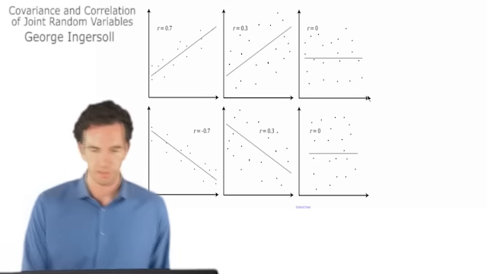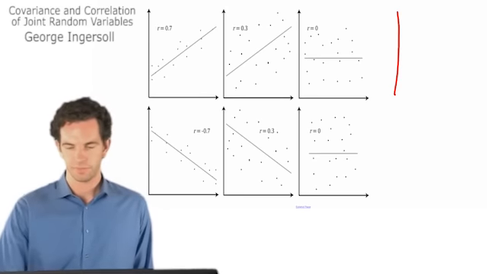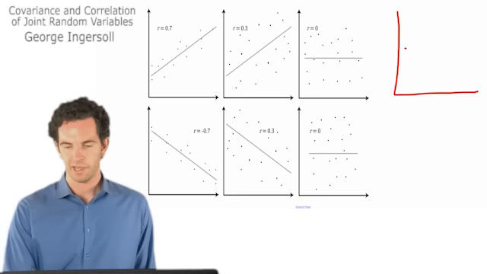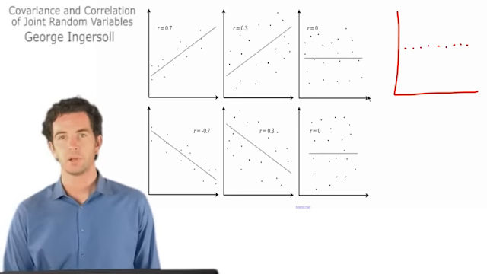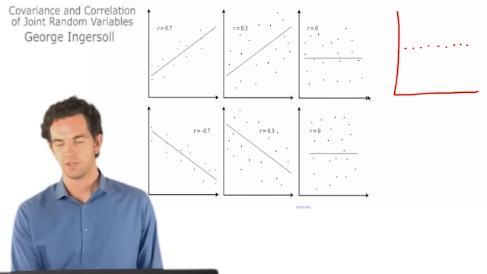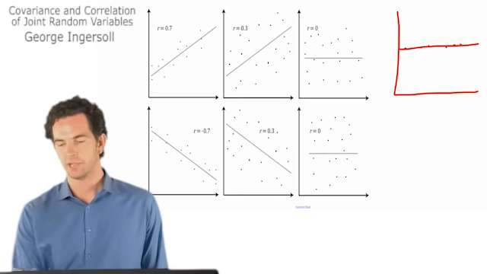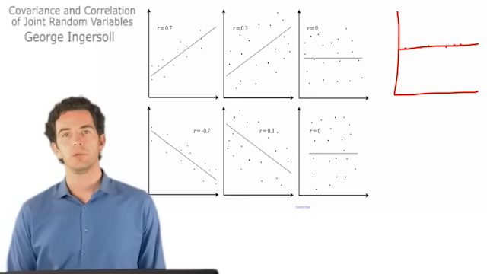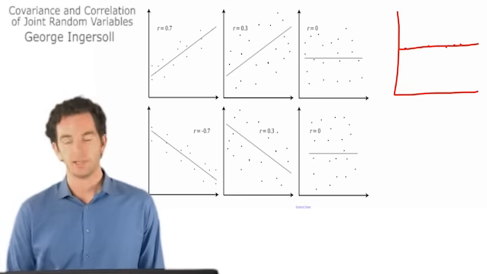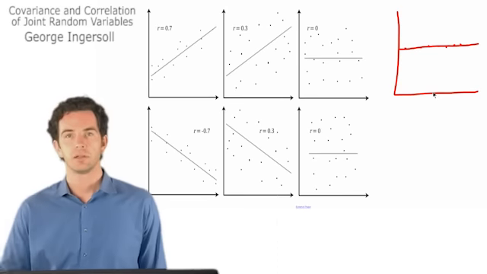Also, another interesting thing to point out is if you have something like this, totally linear, right? But if the line is completely horizontal, you're also going to have a correlation of 0, because you won't be able to predict anything based on your x value.